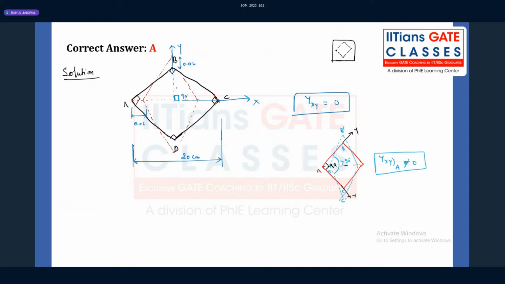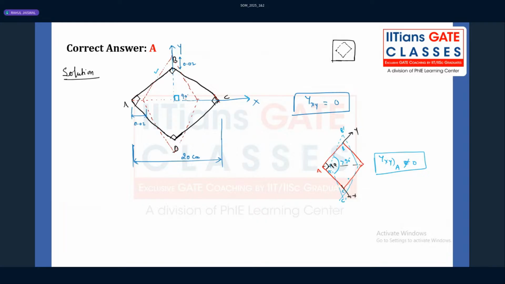Because if you take any line segment along the x and y axes, their angle will remain 90 degree based on the given deformation. Whatever the red color deformation is, if you take any line segment along the x and y axes and compare the angle before and after deformation, it will remain 90 degree.